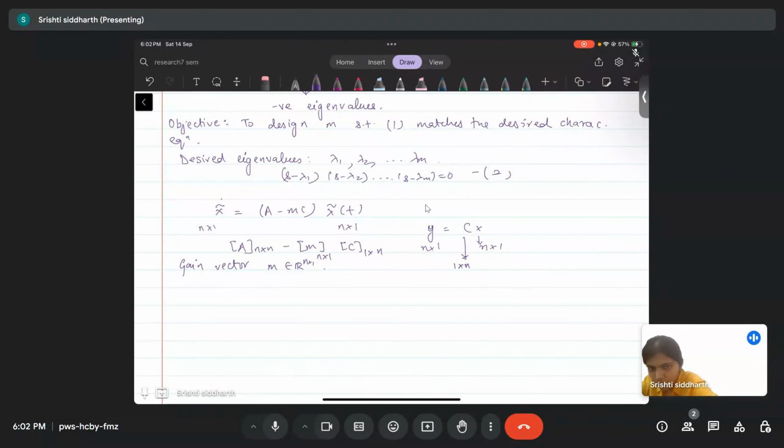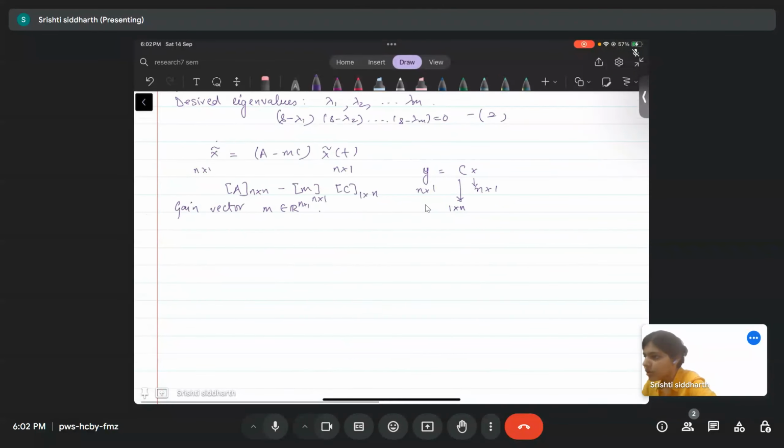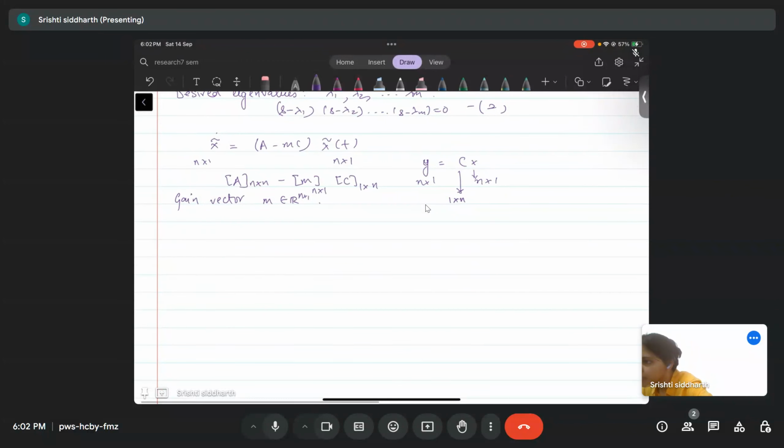Alternatively, you can also use Ackermann's formula to place the poles of A minus MC. We'll discuss that now, using the principle of duality.